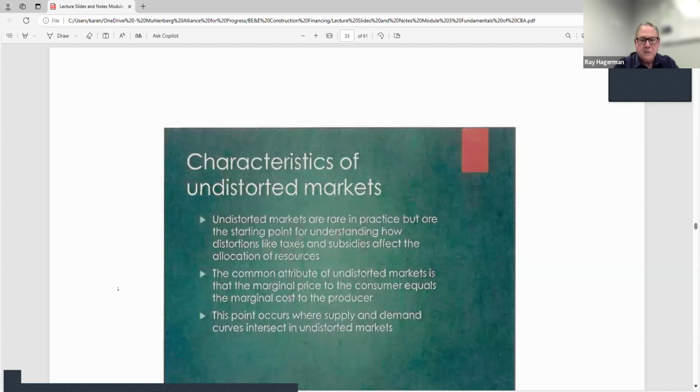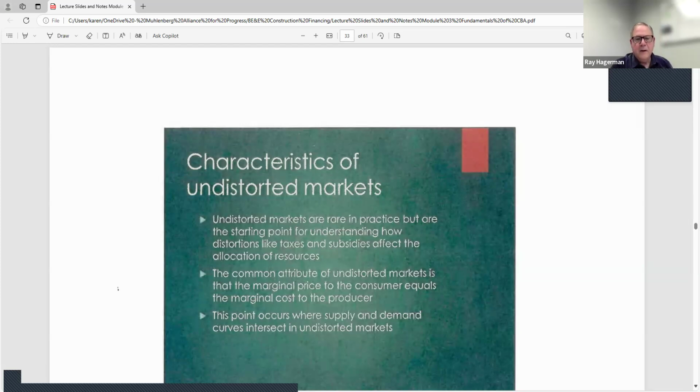The common attribute of undistorted markets is that the marginal price to the consumer equals the marginal cost to the producer, and the equilibrium point is where the supply and demand curves intersect.